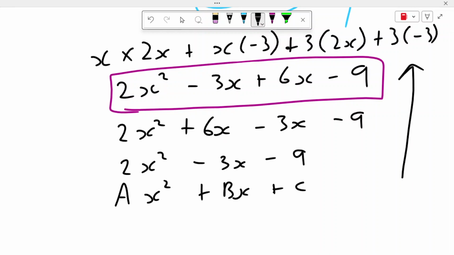So hopefully that makes sense. It's 2 steps. Repeat after me: factors of a times c that add to b, and then split it and factorize normally.